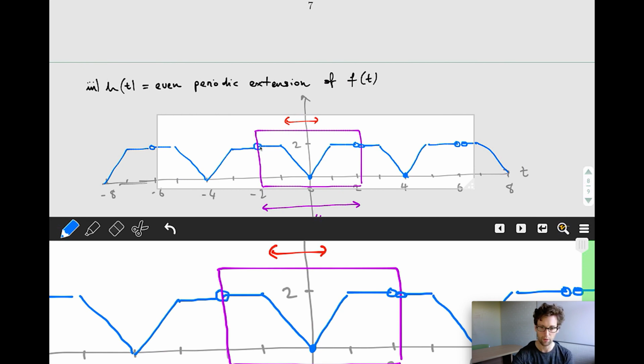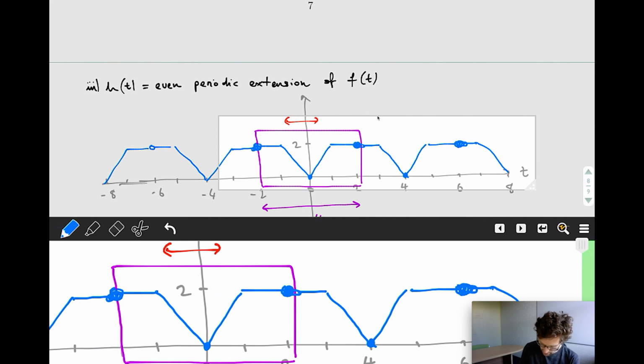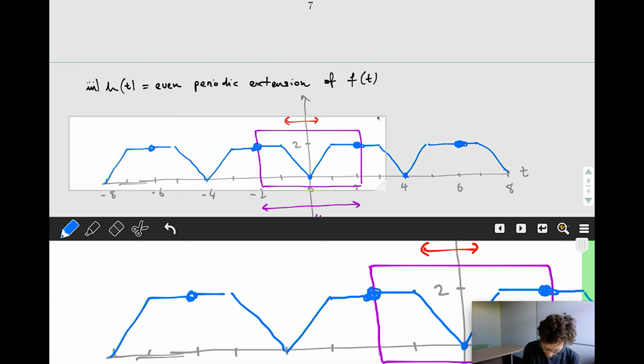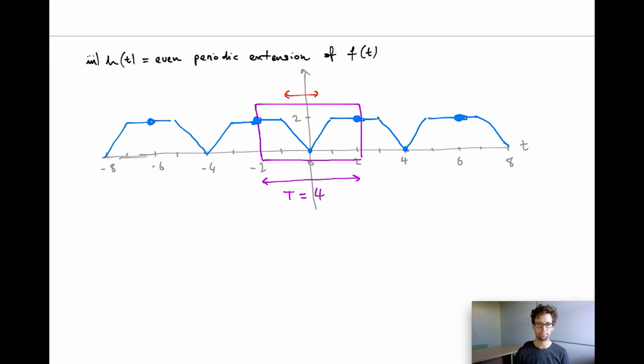So I could, for example, put it down here or put it here. I suppose it makes the most sense to include the points there and there. So you can sometimes get a function which has no defined values at certain values of t, so you're free to choose what values are most convenient to you. Okay, so that's the even periodic extension of my function.